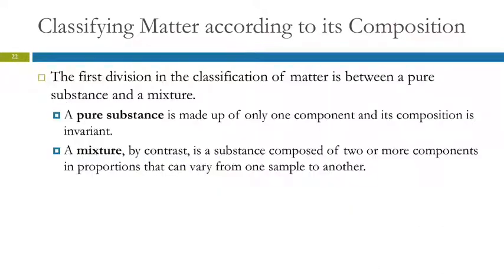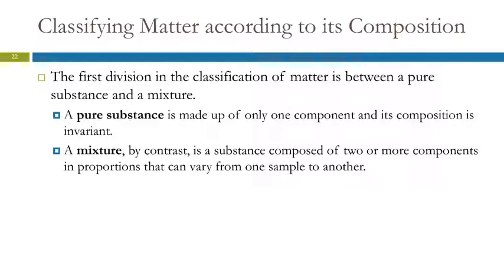Okay, now we're going to go through all of that real quick. So the first division between pure substance and a mixture. So here's where kind of the definitions and words are. A pure substance has only one component, and its composition is invariant. It can't change. A mixture is composed of two or more components, and the proportions can vary from sample to sample.